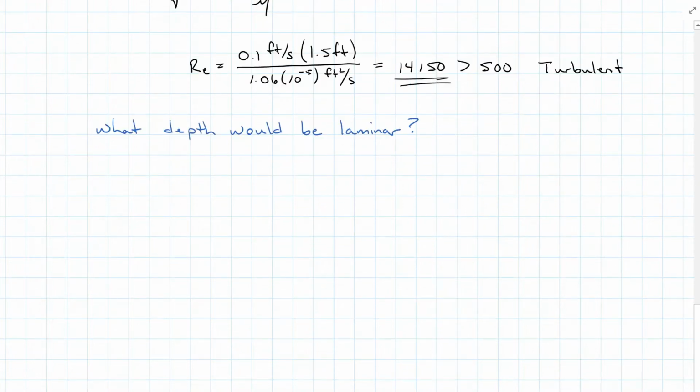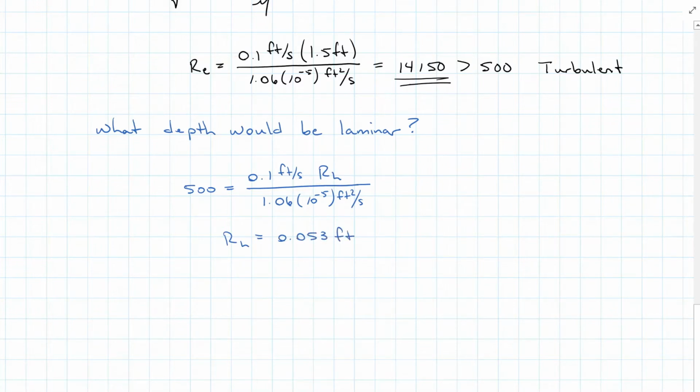So what depth would we need for it to be laminar? Well, that's going to be setting a Reynolds number equal to 500, same velocity, and hydraulic radius is what we're looking for, same water. And we find a hydraulic radius of 0.053 feet.